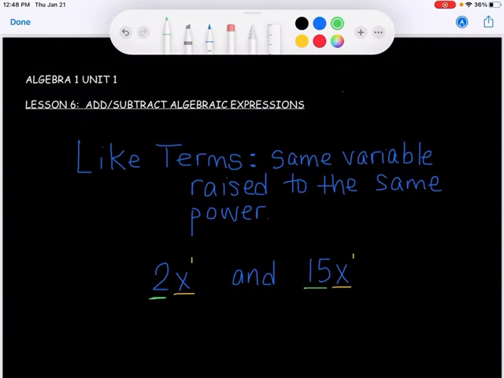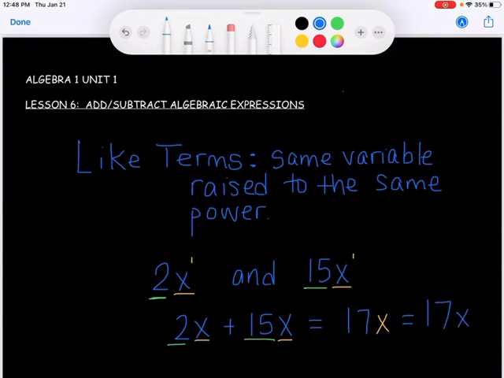Okay, let's say we're adding here. So if we were doing 2x plus 15x, you add your coefficients, and in this case, that's the 2 and the 15, which gives us 17, and then you keep the like variable, the x. So your final answer here would be 17x.